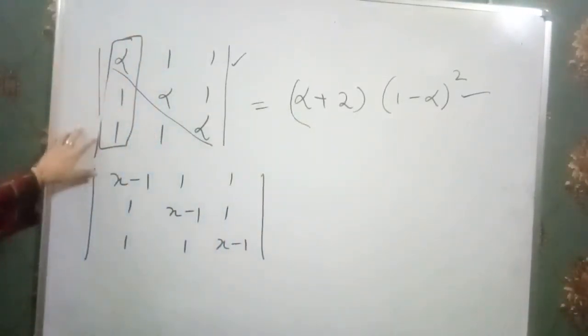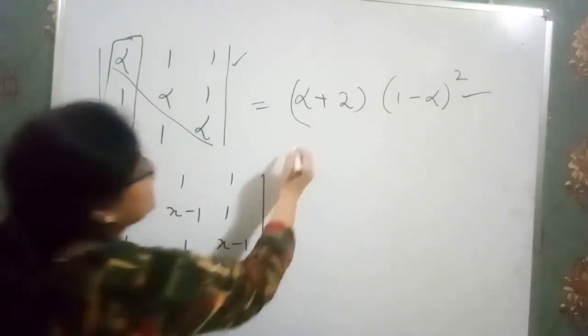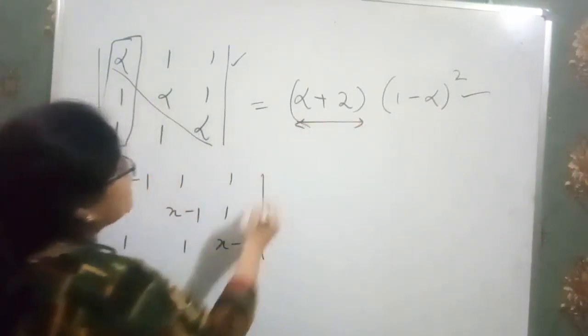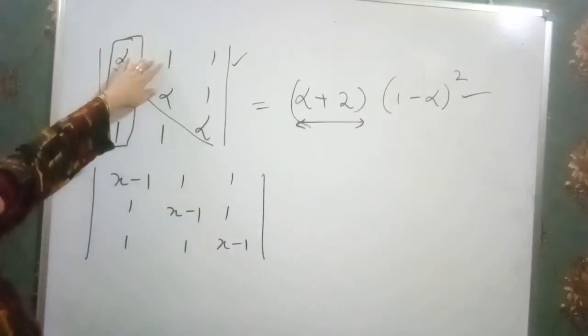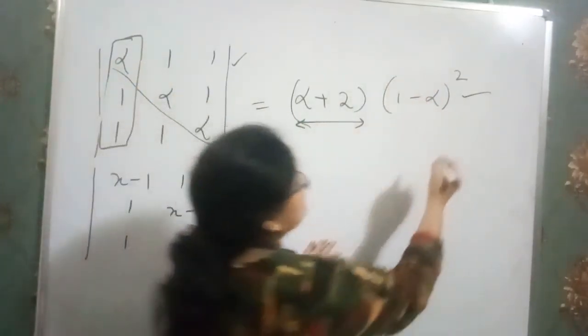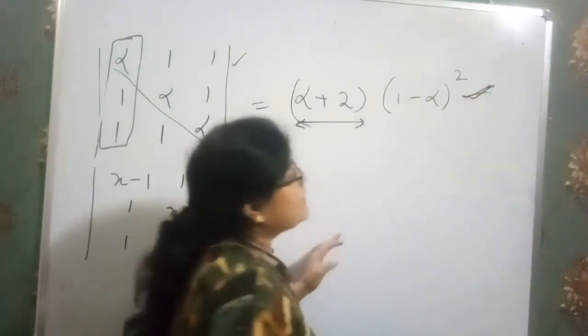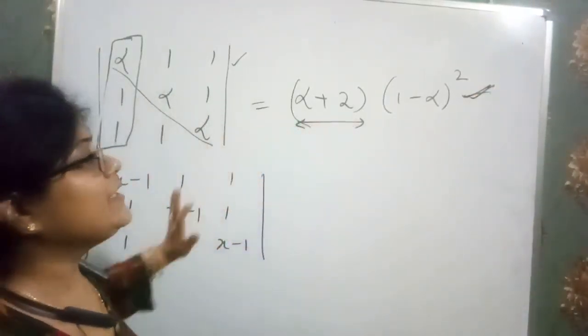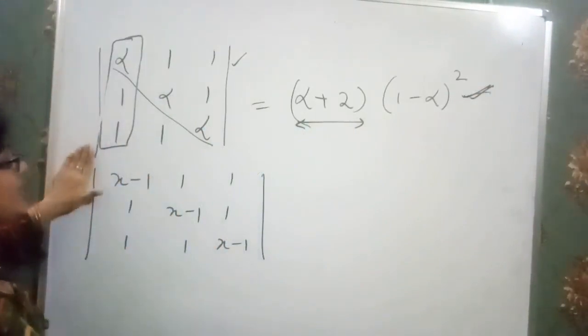Add the first column, that means alpha plus 2, and just make 1 minus alpha whole square. Just memorize this formula, and we can apply it in any type of question which has a format like this.